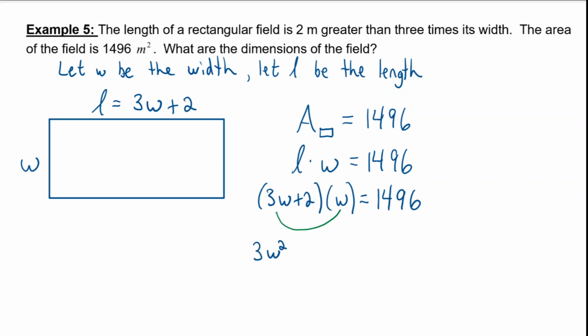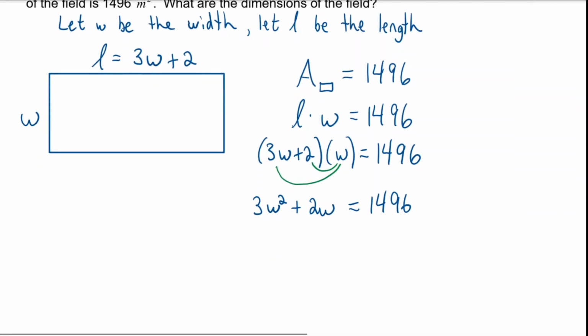And then we've got W times 2, which is 2W. And that's equal to 1,496. So let's bring this all over to one side, giving us 3W squared plus 2W minus 1,496 equals 0.